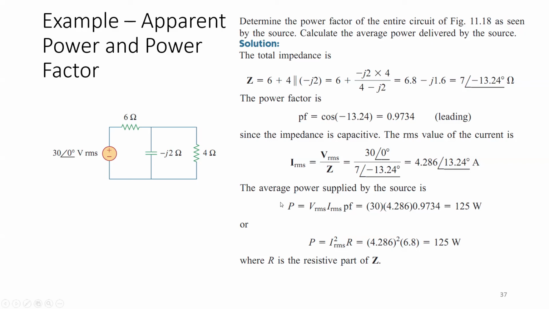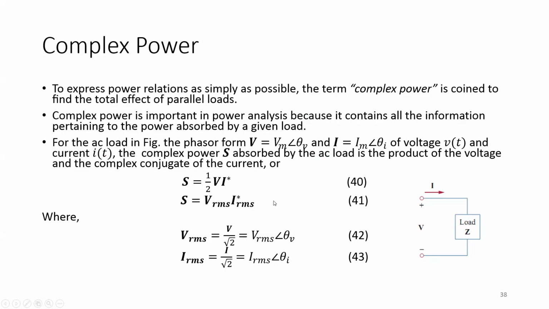Here the next term, complex power, is used, and it is the term coined in order to capture the impact of all the different power quantities we have seen so far.